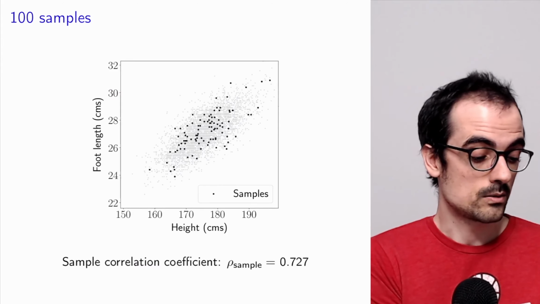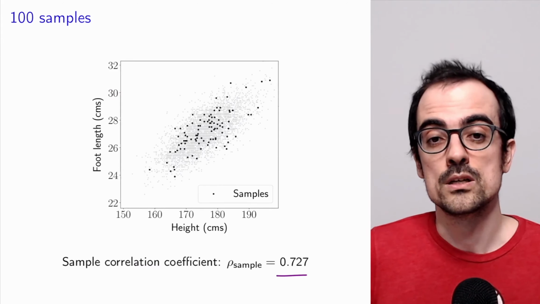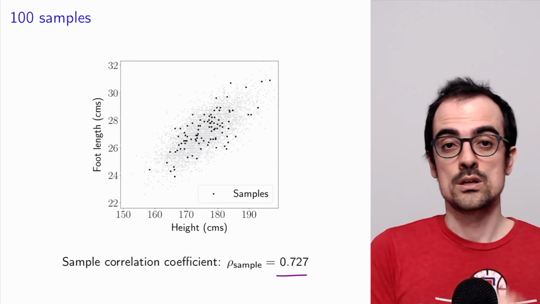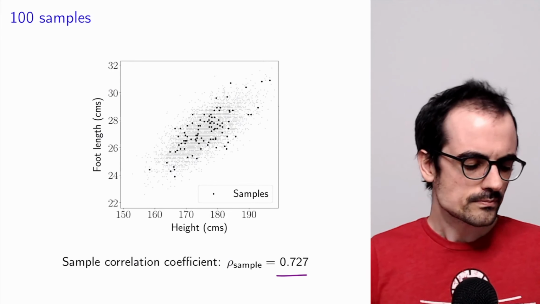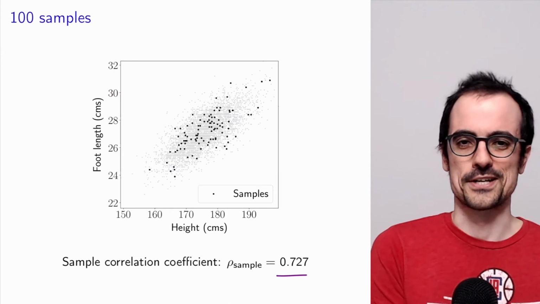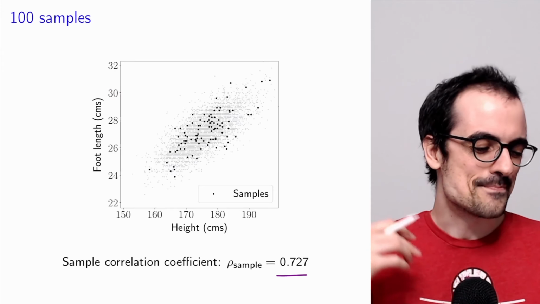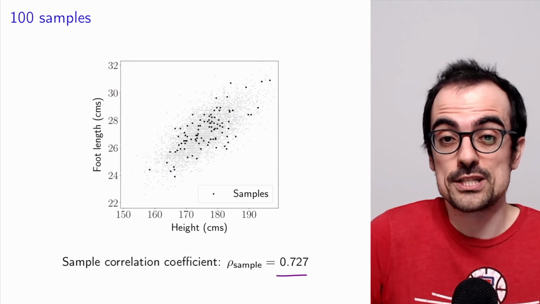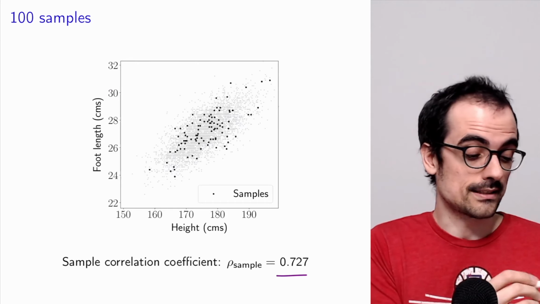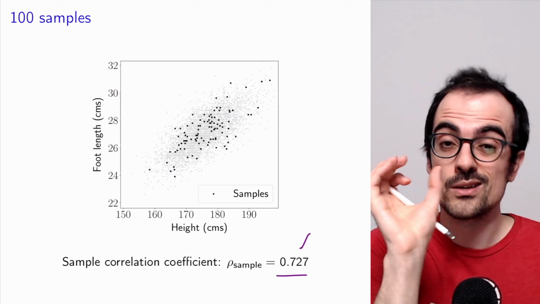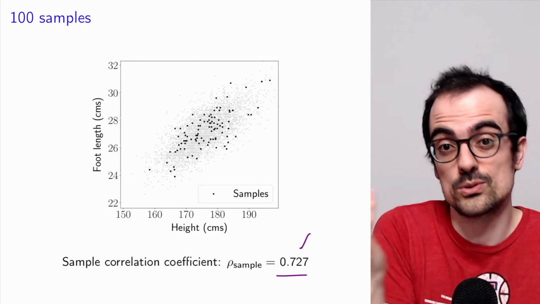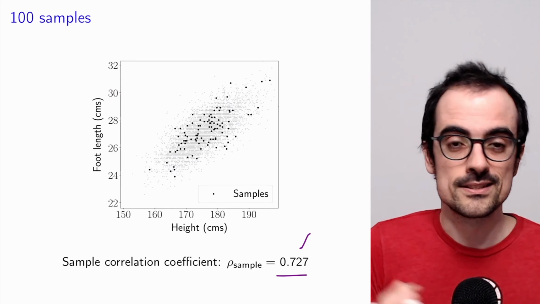So we can compute the sample correlation coefficient from those 100 random samples. I hope I said 100. I don't know if I said 100 or 400, but anyways. So we can compute the sample correlation coefficient from those samples. We get a certain estimate of the correlation coefficient. Now we would like to put confidence intervals on it to know how uncertain we are about this.